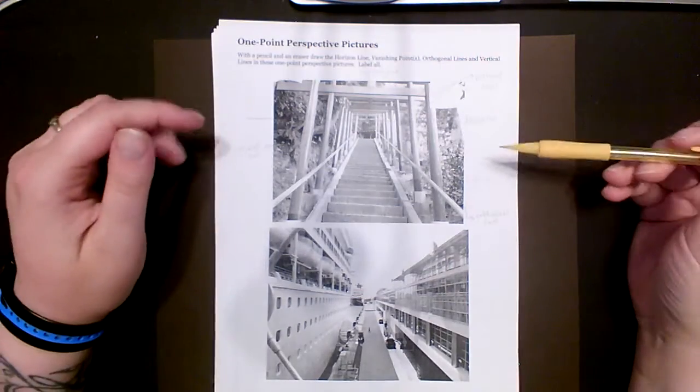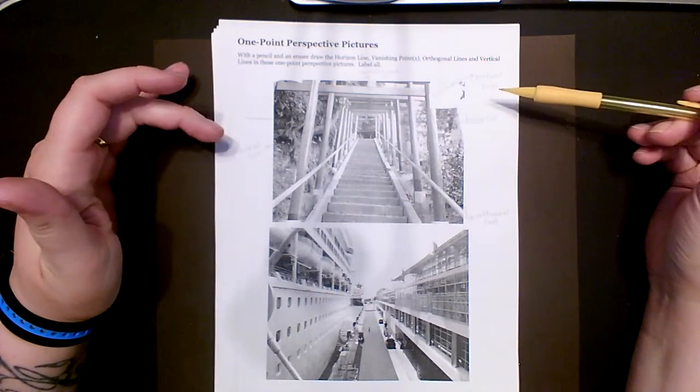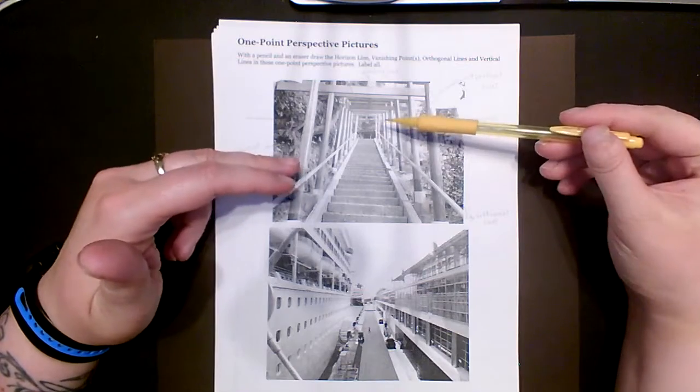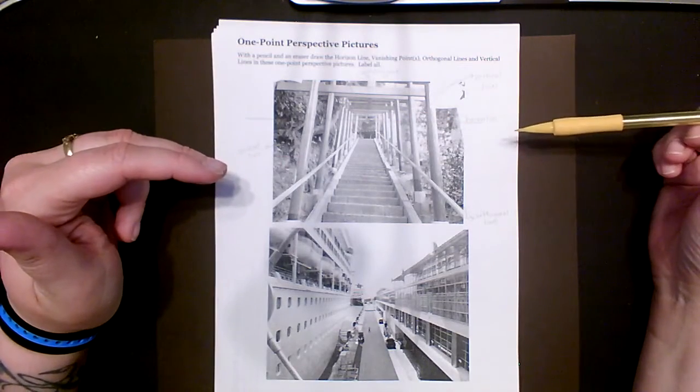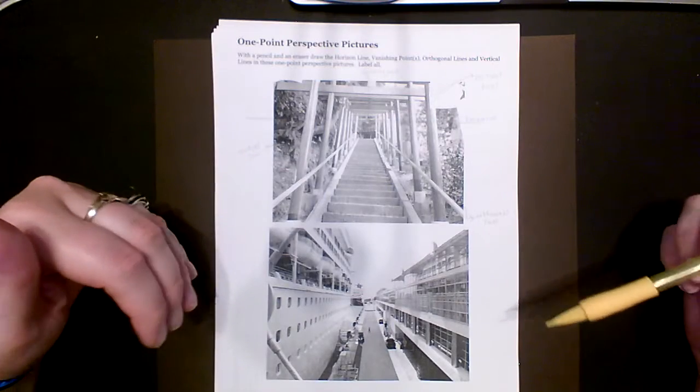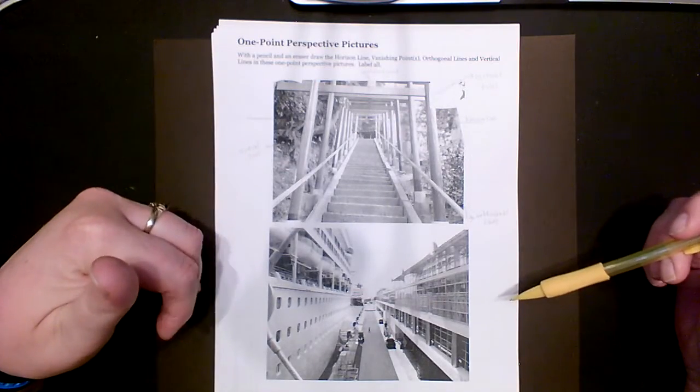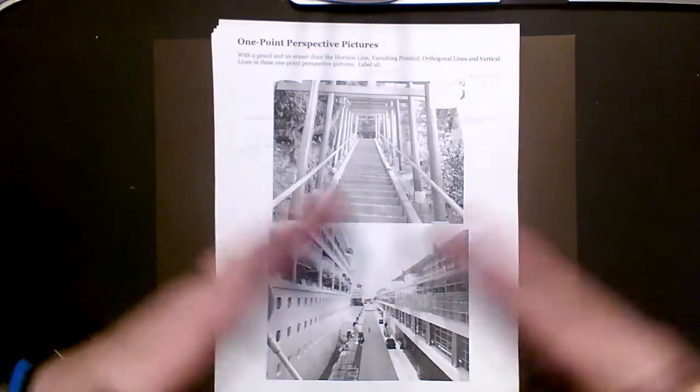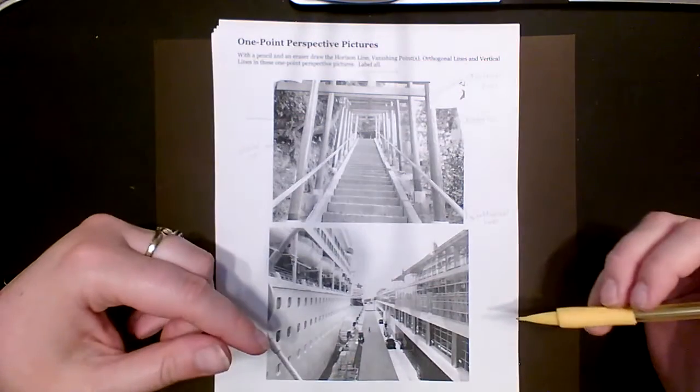So remember that we had to find our vanishing point before we could actually find our horizon line. So we can use implied lines, we can use actual lines that appear like they're converging or coming together to be able to find our vanishing point.